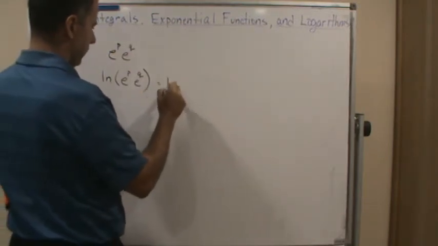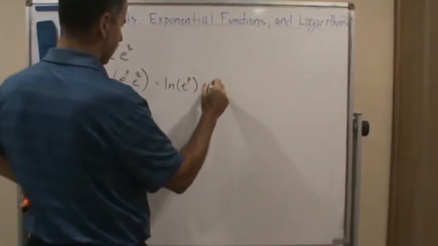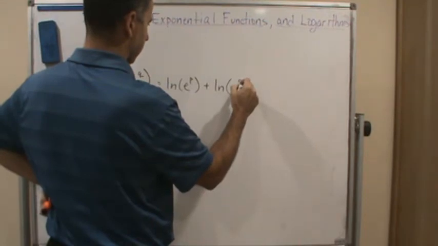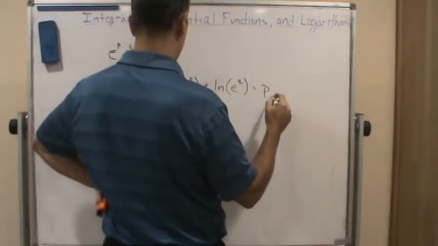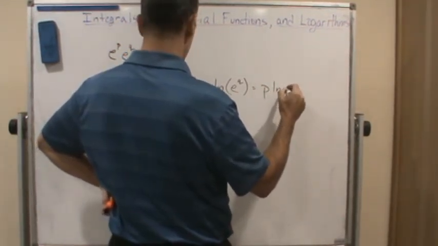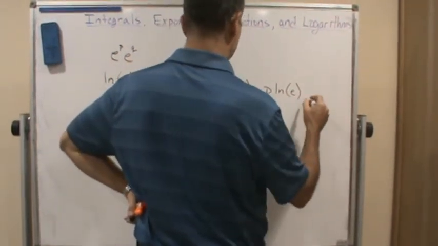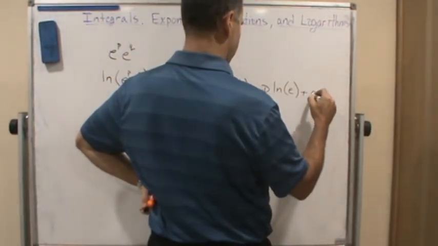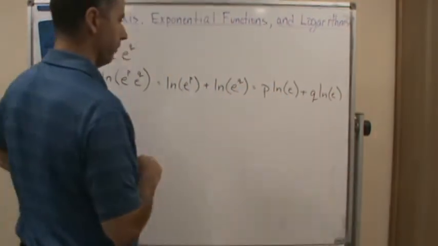Well, this equals the natural log of E to the P plus the natural log of E to the Q, which is then going to equal P times the natural log of E plus Q times the natural log of E.